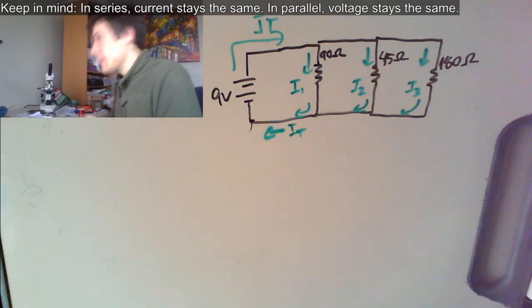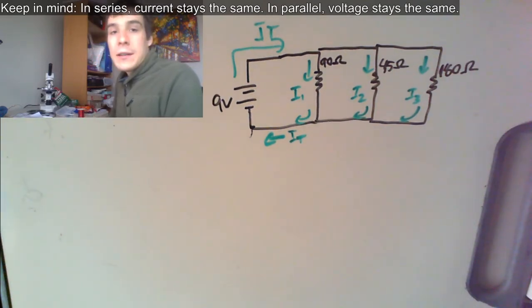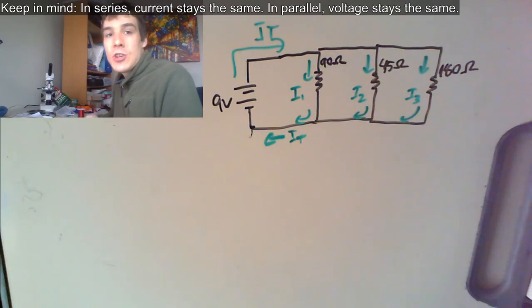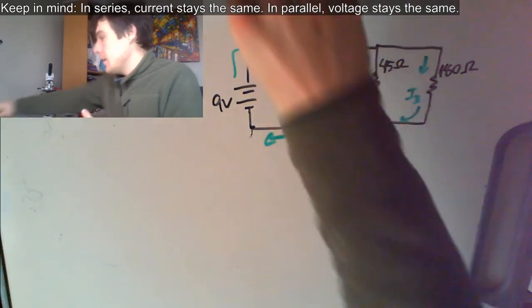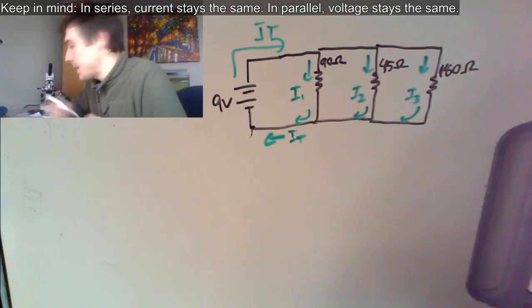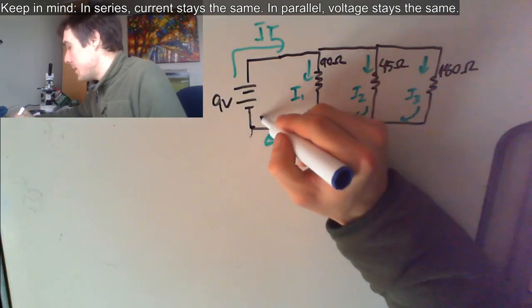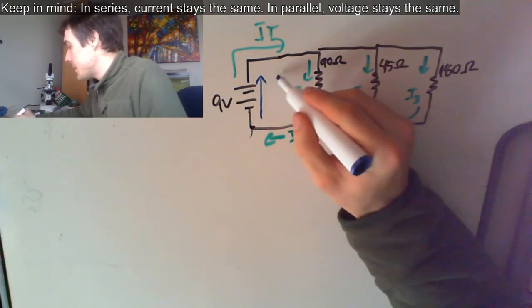The current splits, but in parallel, voltage stays the same. That is Kirchhoff's voltage law. What Kirchhoff's voltage law does, and this is a little counterintuitive, is because this went up by 9, this must come down by 9.